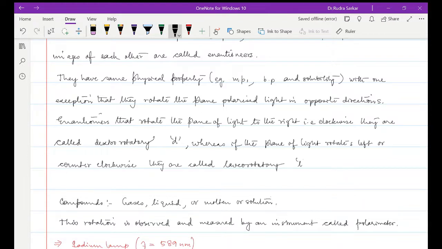And the symbol given to them is small l. Okay.